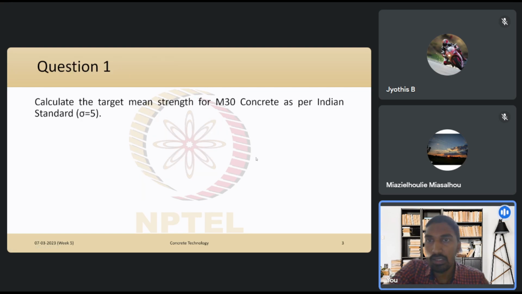So the first question is to calculate the target mean strength for M30 concrete as per the Indian Standard, right? To do that you will need the standard deviation value. You can take the standard deviation value to be 5.